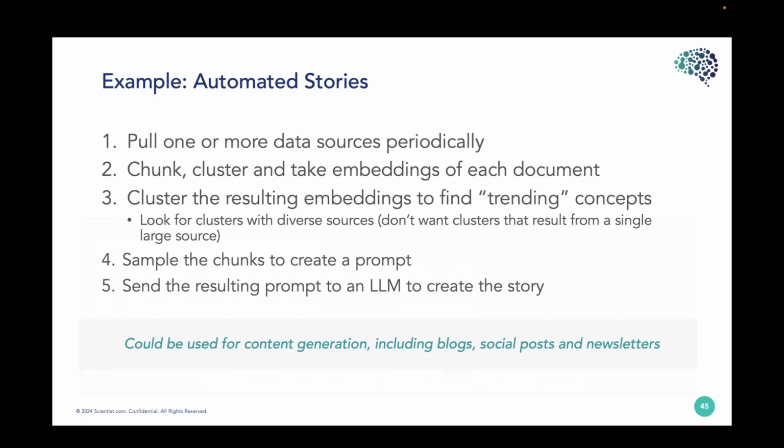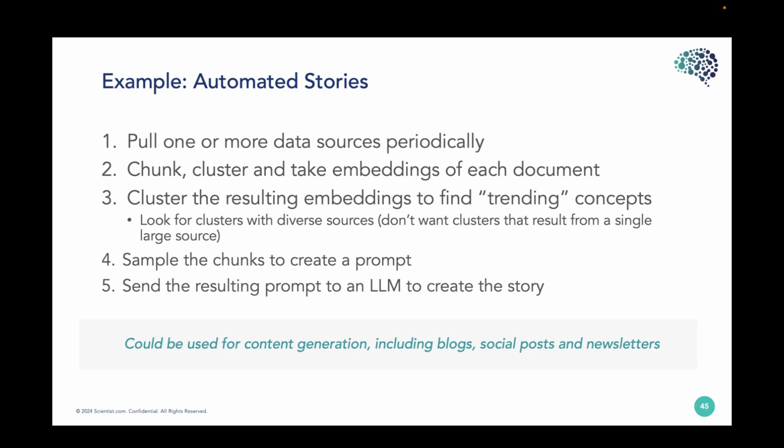And then building off of the clustering, you could use that to make automated stories, automated newsletters, automated blog posts. I would say drafts. You wouldn't want to hook this directly up to a publish button. But once you had those topics, you could sample the underlying data in a method very similar to retrieval augmented generation.